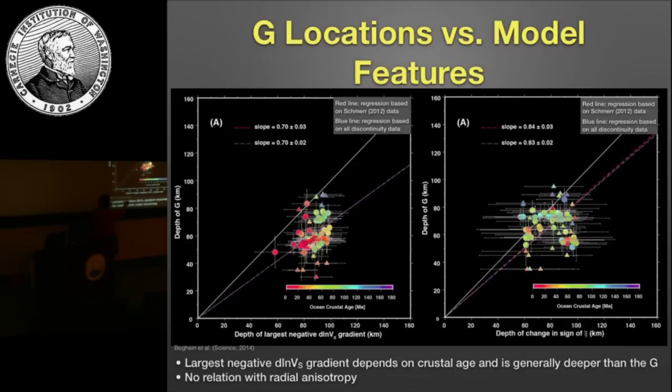So we see that the gradient in the velocity is generally deeper than the discontinuity. And we have an age relationship. We see that in red, for young oceanic plate, the gradient in the seismic wave velocity is generally at shallower depth than if we go toward older plates in green and blue, where the largest gradient is deeper. And then again, radial anisotropy is shown here with huge uncertainties, and we can't really say anything of it. Not surprising.